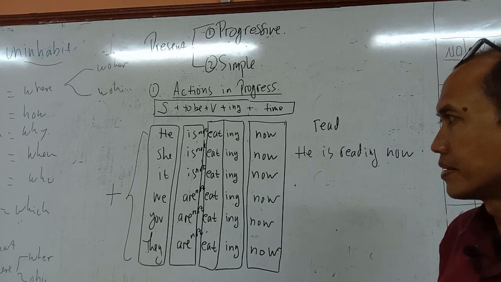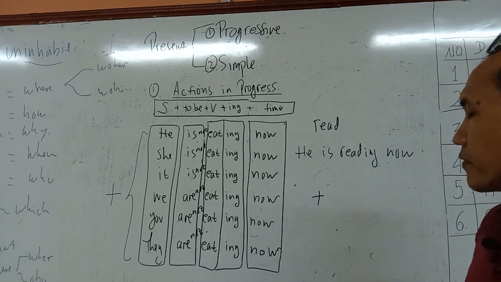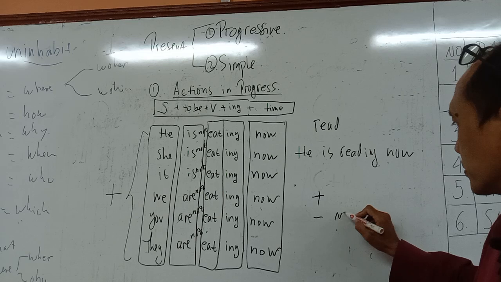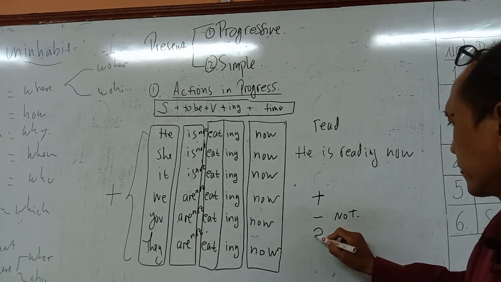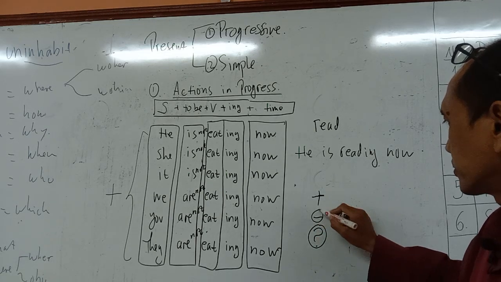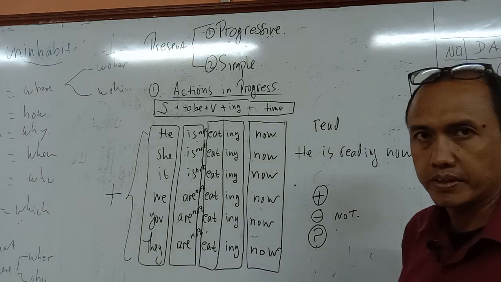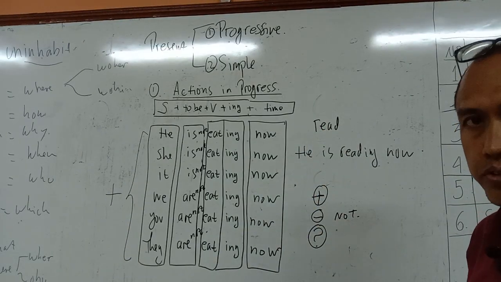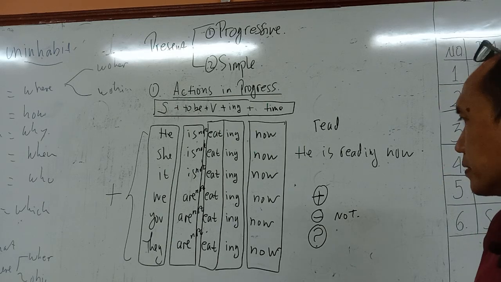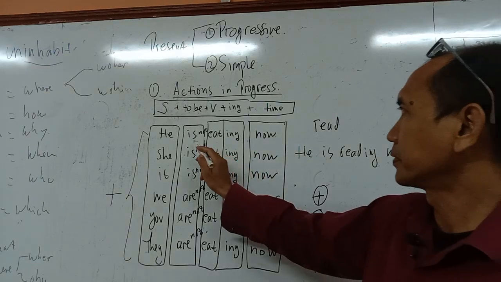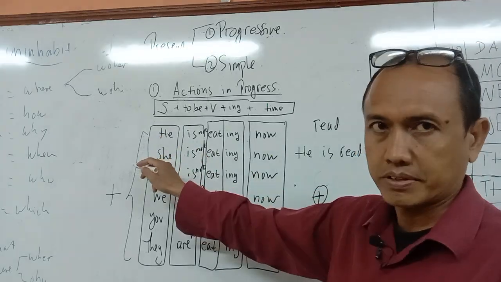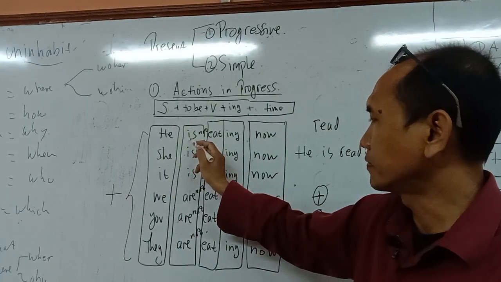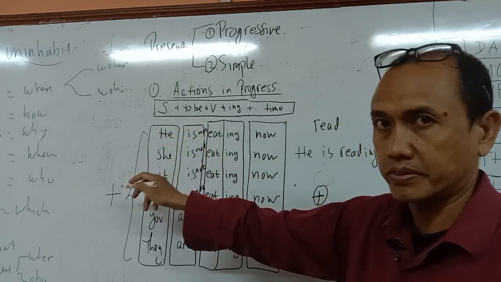Okay, clear? So we have two types of sentences. The first is the positive, and for negative, we just put not. And another one is the interrogative, or the question. When you want to make a question with the present progressive, it's also simple. You move the to be in front.